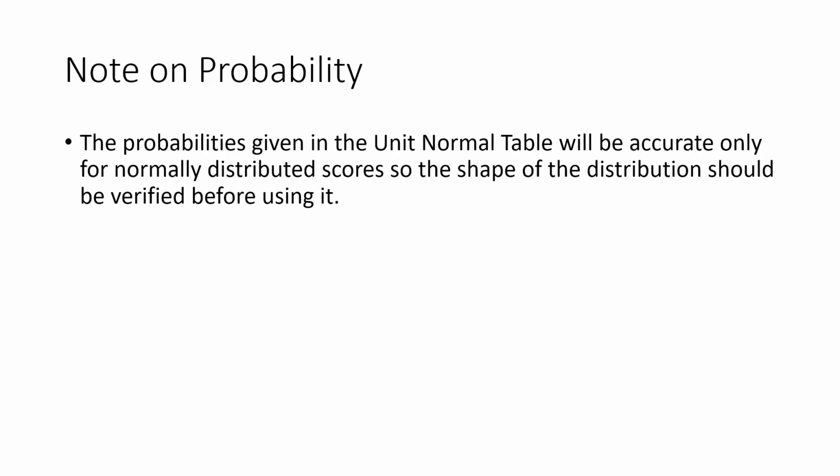So you can trust the table, use the table, get used to the table. But in real life, when you're running real statistics, you have to verify that the shape of the distribution you're drawing this from actually is normal. In more sophisticated and advanced statistics classes, you'll learn more about that.